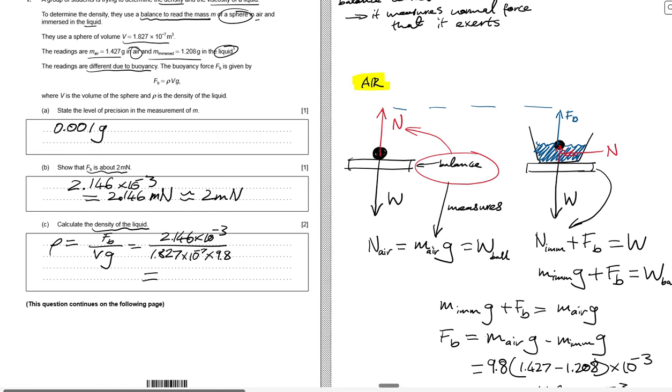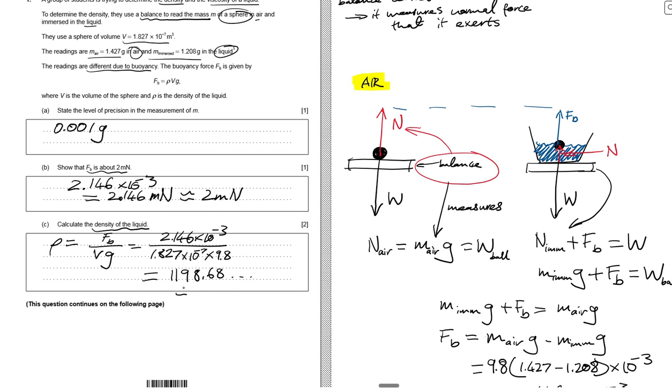And so what we get, let's put that into our calculator. You guys can do this with me. 1.827 times 10 to the negative 7 times 9.8. And we get 1198.68, right?